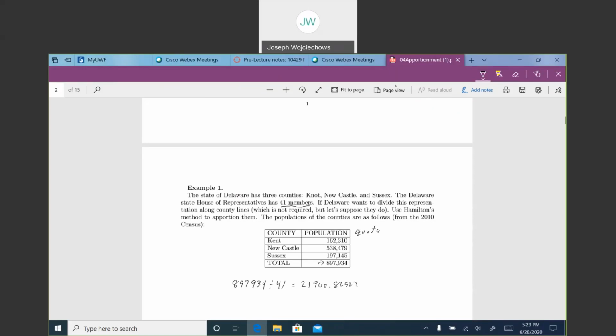So our next step is to find the quota. Now, what we do is we divide each population by this divisor here. That's why it's called a divisor. So let's do that. And this first one is 7.411, and I'm just going to go to 4 decimals.